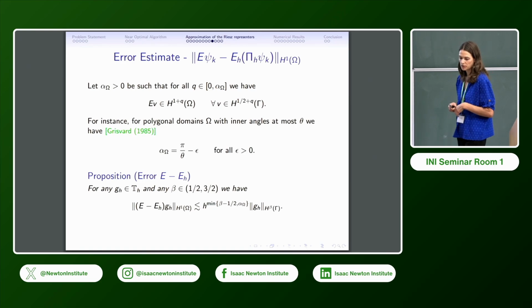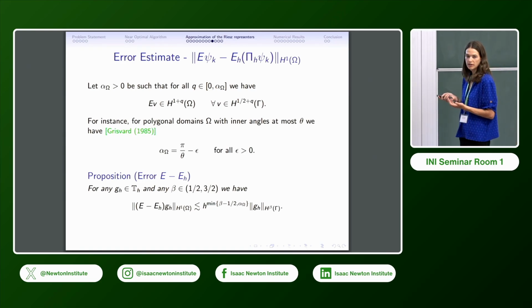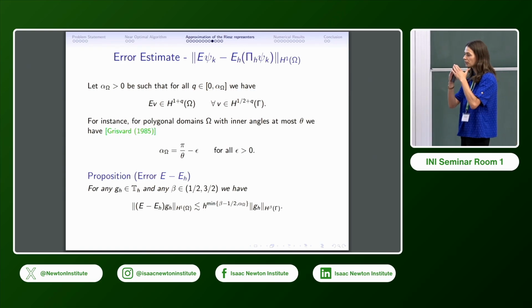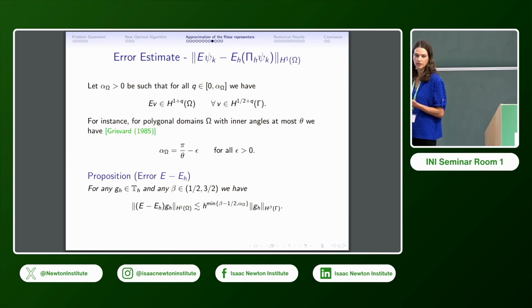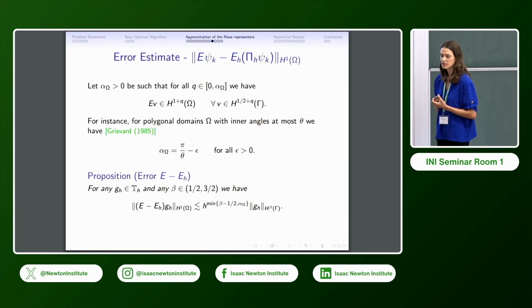So if you have a convex domain, this alpha will be 1. If you have something that has a re-entrant corner, you have something that is less than 1. And then the key point to estimate the second term here, which is basically the error between using E and Eh, is given by this proposition here, which basically controls the finite element error of this discrete harmonic extension.